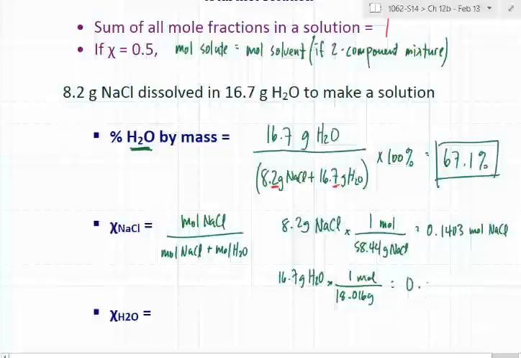I can't read mine at all, so you're going to have to tell me that. 0.92695. Yeah, that looks like it could be right. So I'm just going to write that over here. 0.1403 divided by the sum.